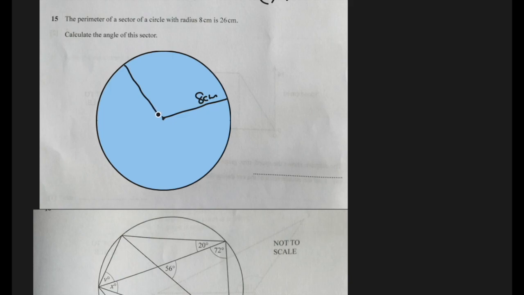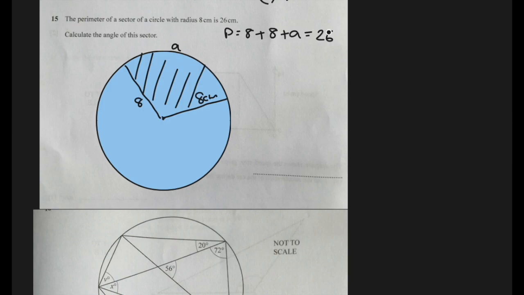So let's say this is the sector. This will also be 8. This is an arc A. So the perimeter will be 8 plus 8 plus A, which they are saying is 26 centimeter. So this A is the one we have to find first, and then we'll find the angle, because they're saying angle of this sector.